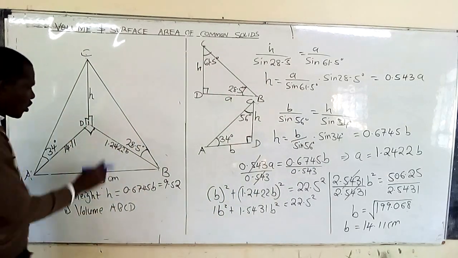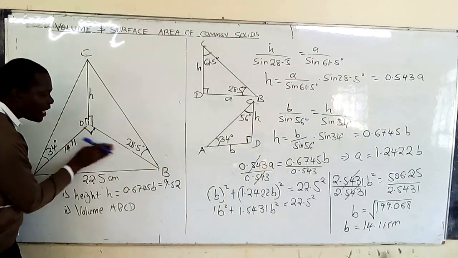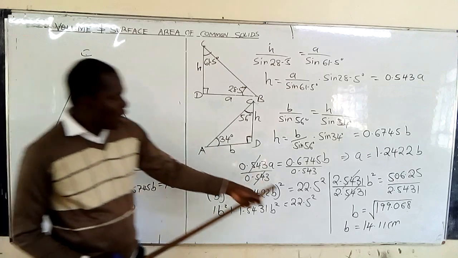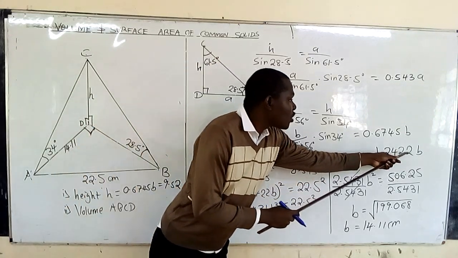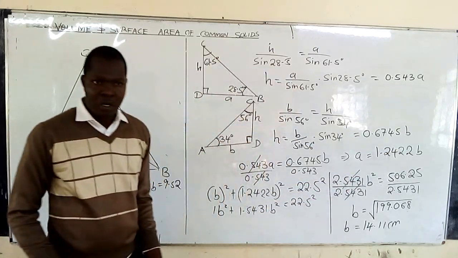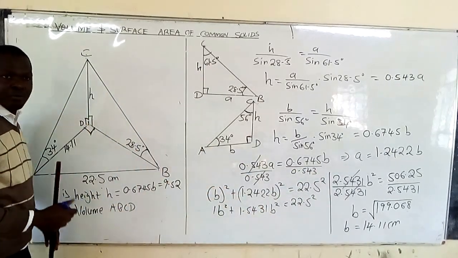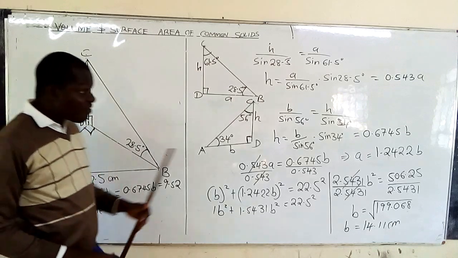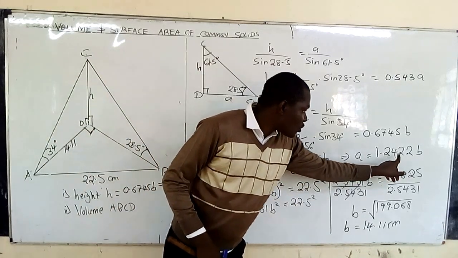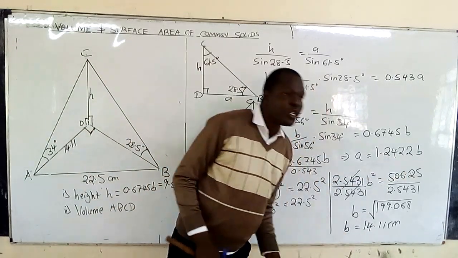So what is A? A was 1.2422 times B, in centimeters. So get the value of A: 1.2422 times 14.11.